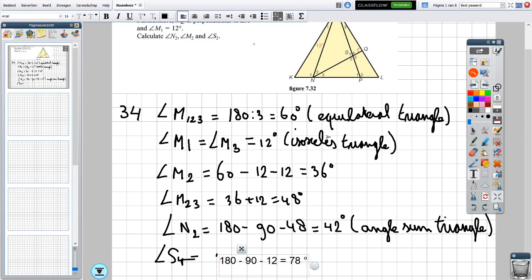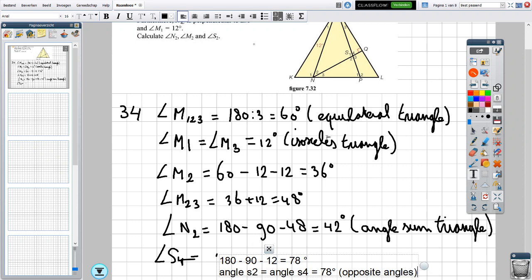And if I know that one, then I can now just say angle S2 equals angle S4 equals 78 degrees. Please use your notation for an angle, right? But I can do that in this program. Why? Again, because I used opposite angles.